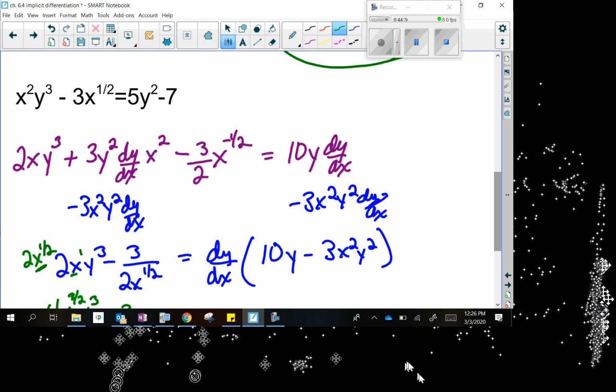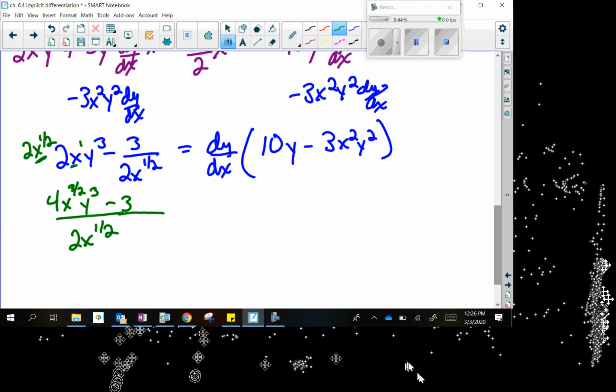The blue right here is just 2x y to the third minus this, and I went ahead and brought the extra 1/2 down. Over here, when I added this, I went ahead and took the dy/dx out, and I have 10y and then minus 3x squared y squared. And then I'm going to have to divide by this, but again, I need this to be just one term. So you can think about it as this over 1, but I needed to have it over 2x to the 1/2.